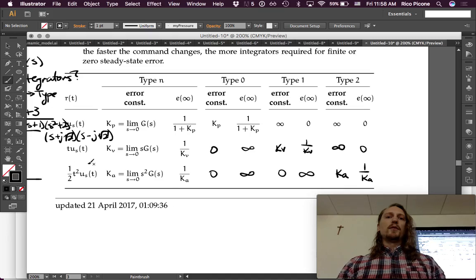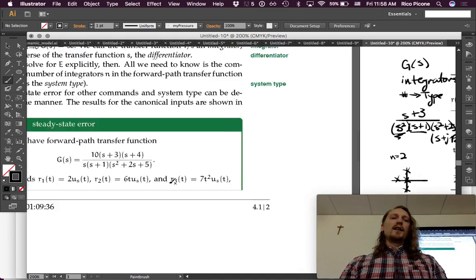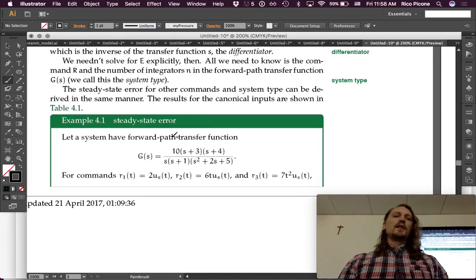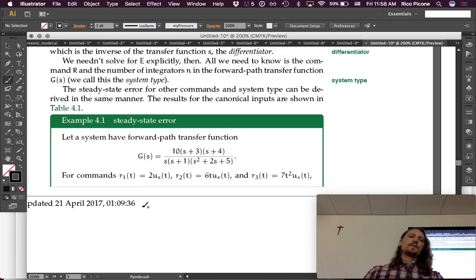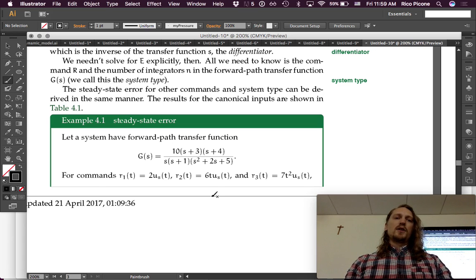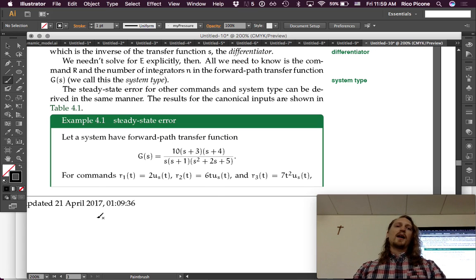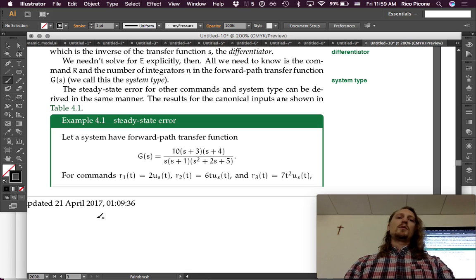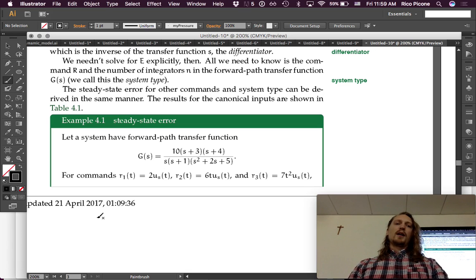Okay, so before we finish, let's do this example. Let a system have forward path transfer function G, for commands R1 being 2 times the unit step, R2 being 6 times the unit ramp, and R3 being 7 halves times the parabolic input.